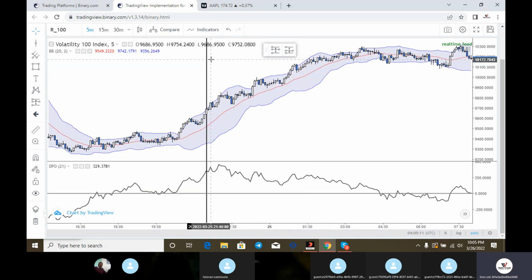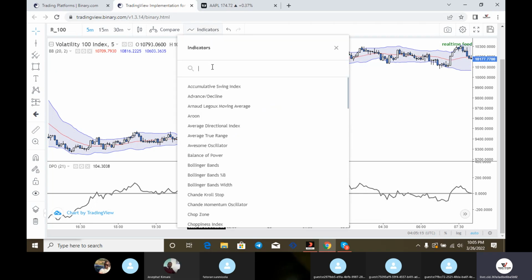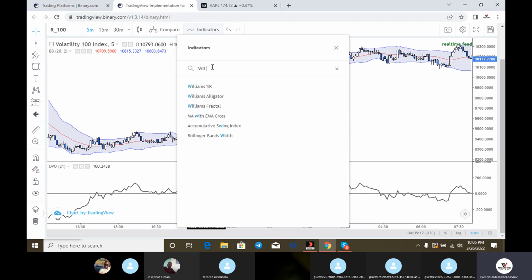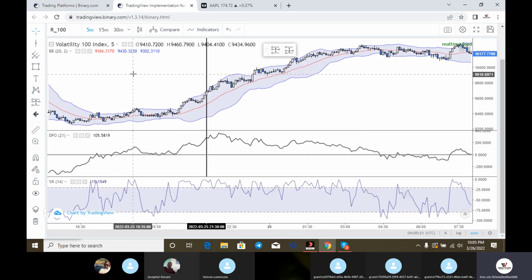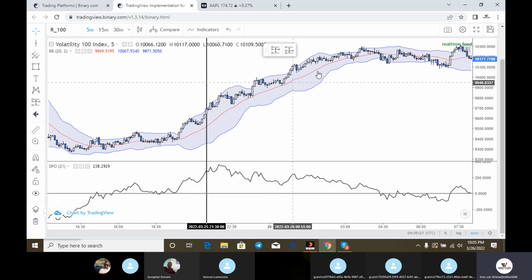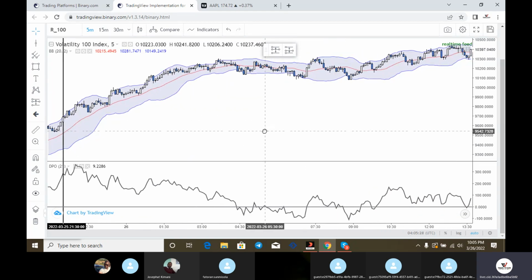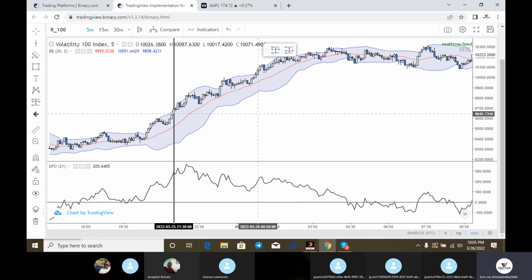So this is where the concept of divergence comes in, using Williams percentage or RSI set at period 4. Williams percentage, there was no entry because it has just been in an uptrend. But definitely we should get some entries. I'm going to teach you how to take entries like this.